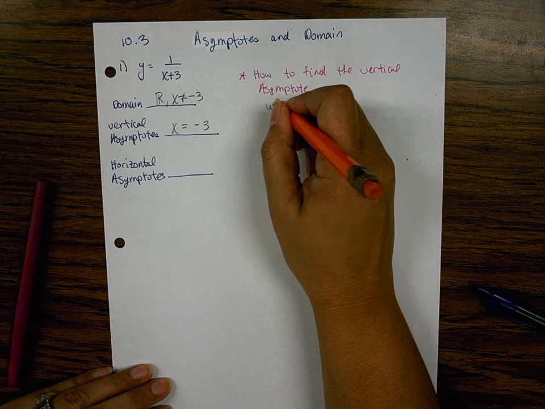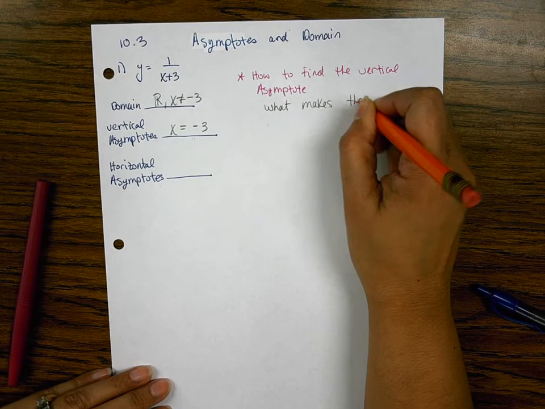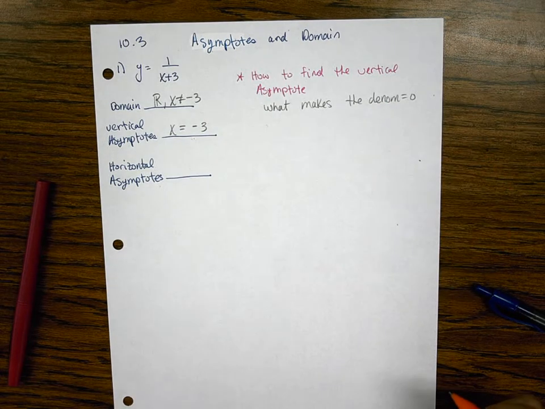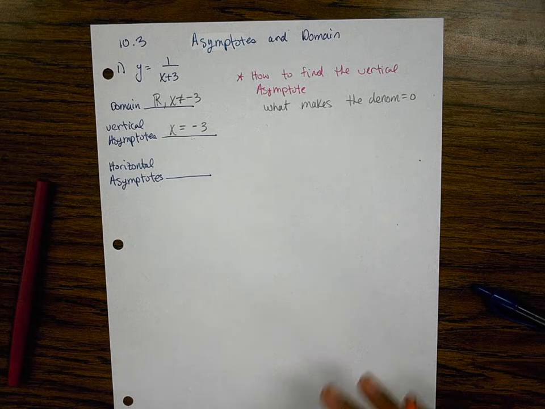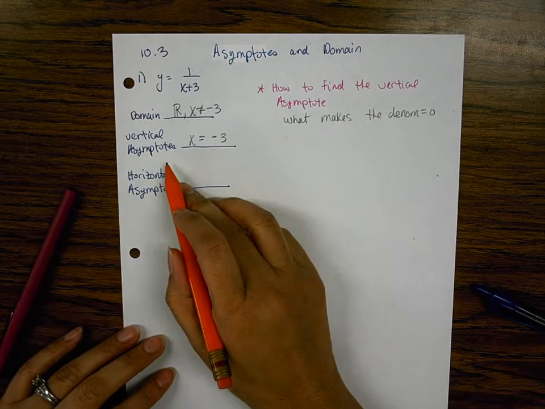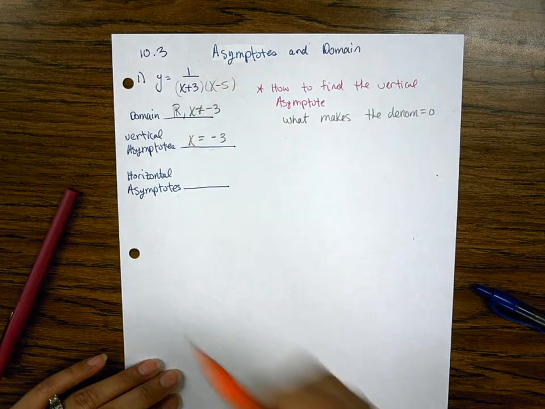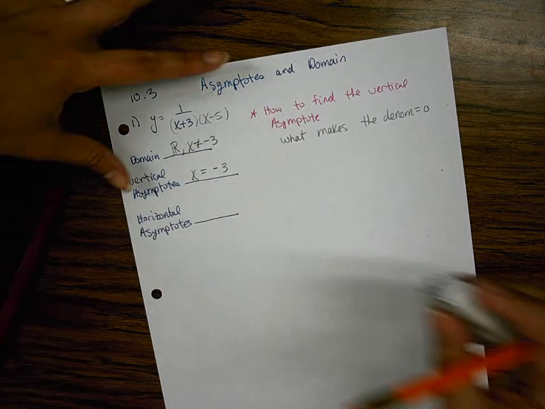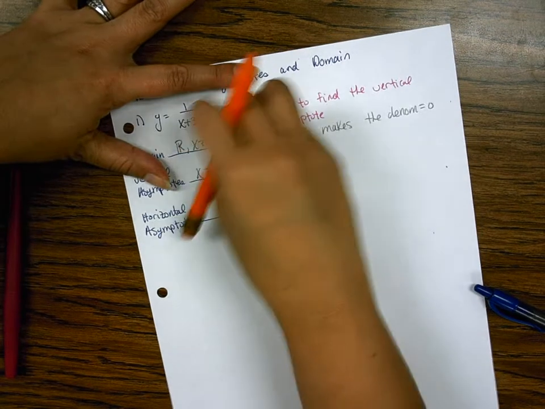It's what makes the denominator 0. Whatever makes the denominator 0 is going to be your vertical asymptote. Now it's plural because sometimes, like, don't write this down, but if you had something like this, you would have two vertical asymptotes, x equals negative 3 and x equals positive 5. So keep that in mind.